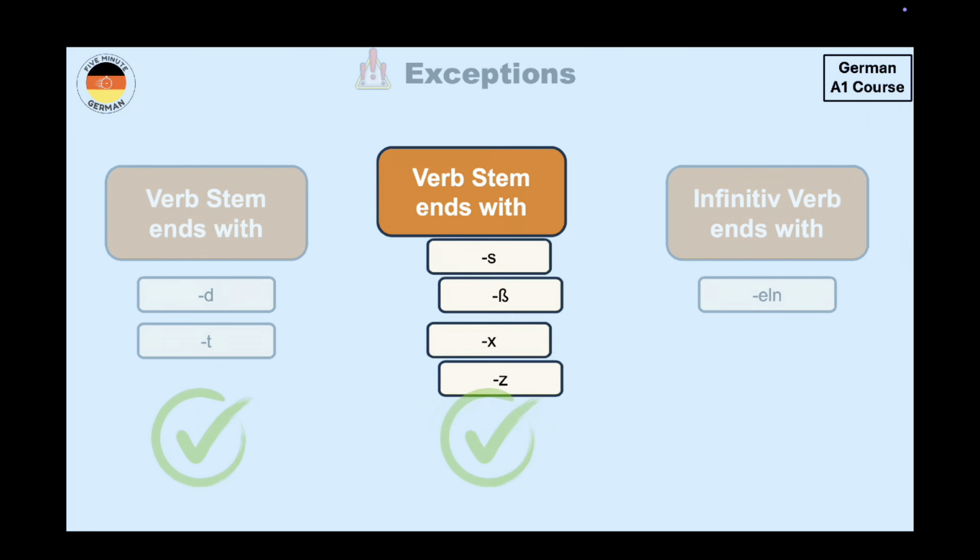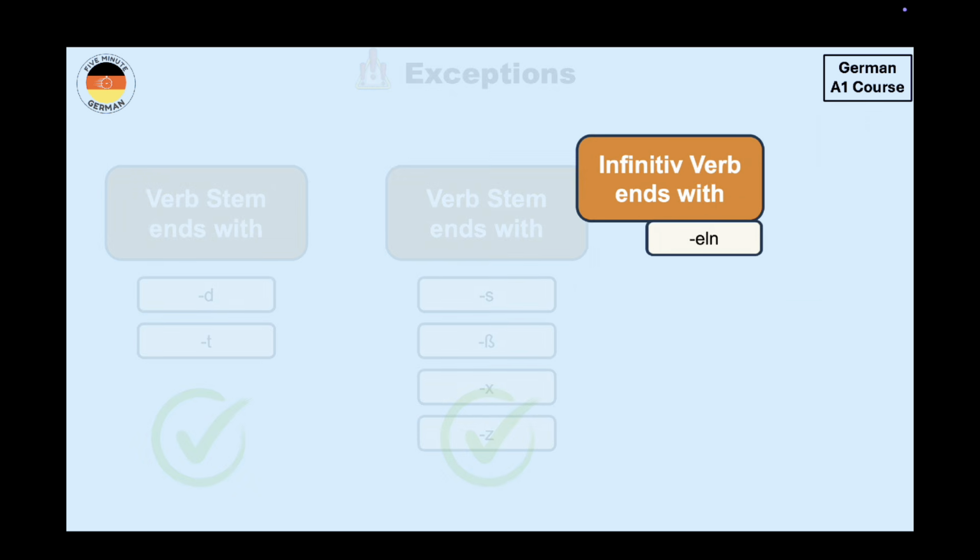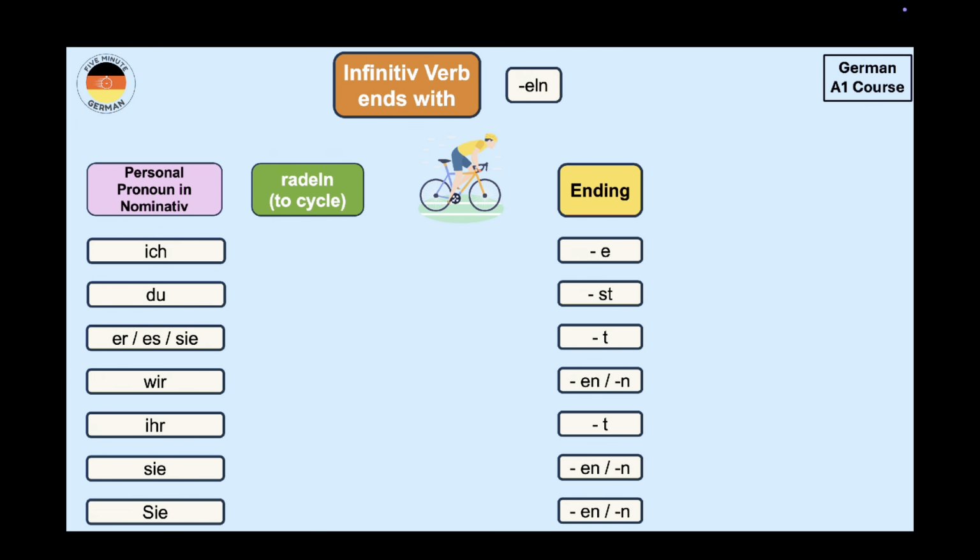Now the last exception is when the infinitive verb ends with the letters eln. So in this case, we have the verb radeln, which means to cycle. So the conjugation for radeln with ich will be ich radele with the ending e. However, in this case, we will remove the e before the l, and the conjugation will be ich radle and not ich radele.